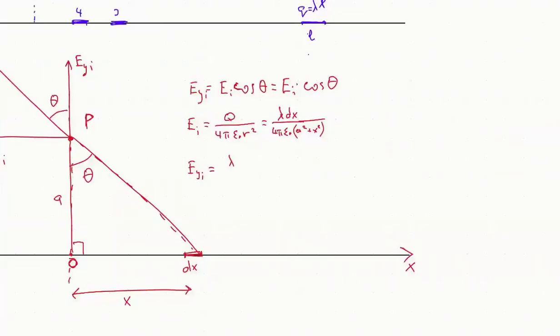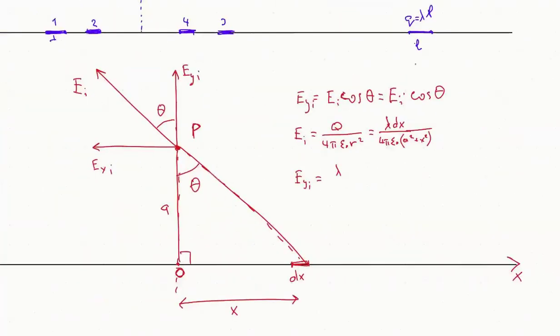So yes, lambda dx, so cosine theta. Okay, I have to do cosine theta anyway. So let's do this. E multiplied by cos theta, which is a divided by the square root of a squared plus x squared. Oh, I might be in trouble here.